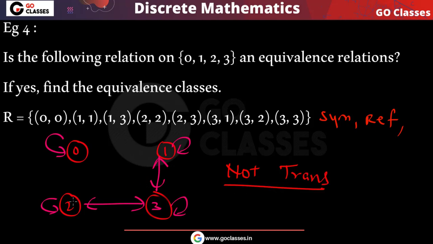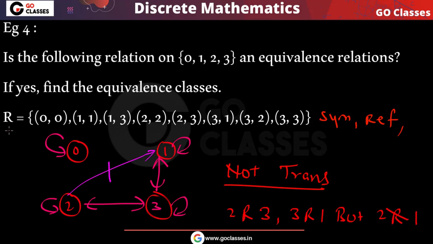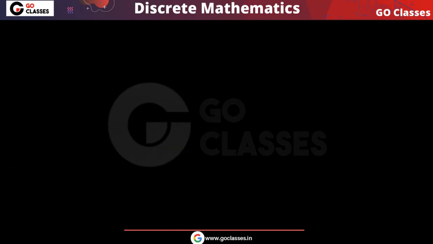Because you can notice 2 is related to 3, 3 is related to 1, but 2 is not related to 1. This edge is missing. That's the reason this is not transitive, and hence I can say this relation is not an equivalence relation.